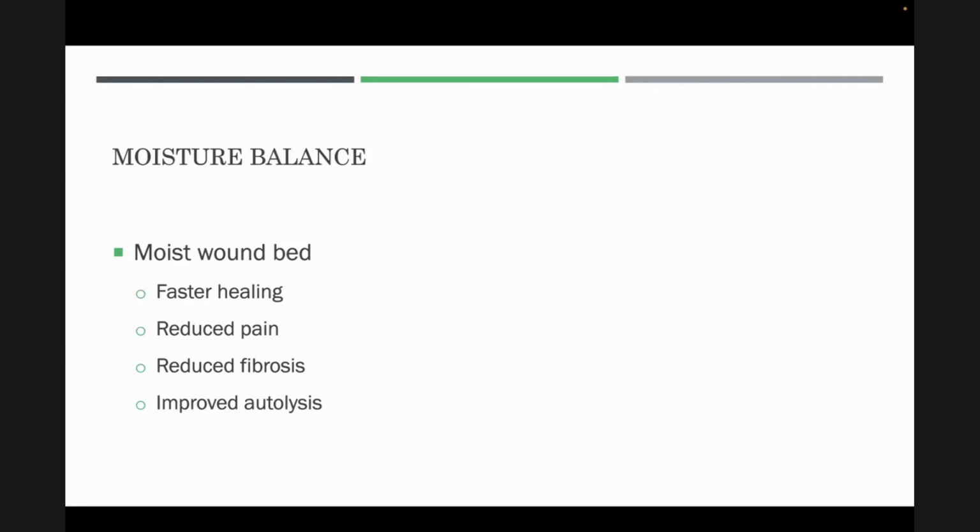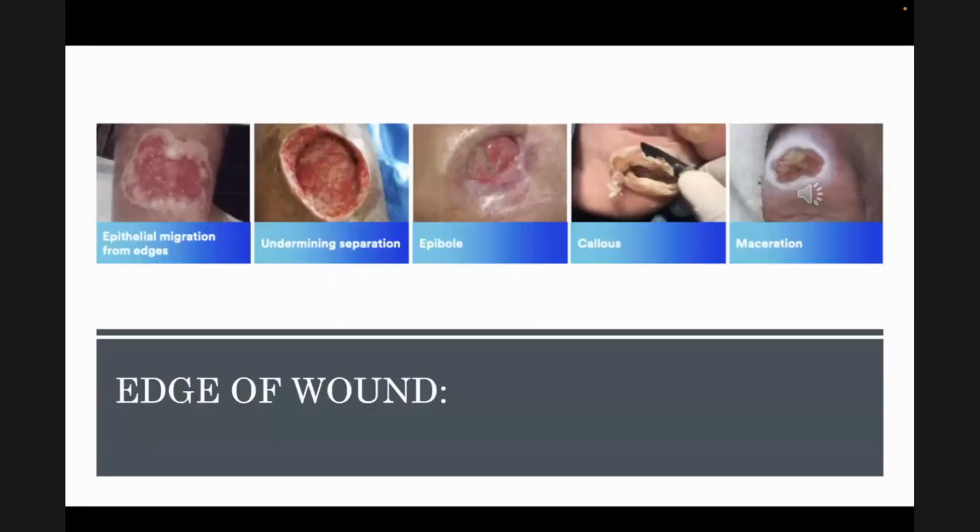It's going to help to reduce your patient's pain, and it helps to decrease the production of fibrotic tissue development. And of course, autolytic debridement, because we talked about a moist wound bed encourages your own body to break down fibrotic and necrotic tissue. Okay, so what do we want to do for a wound that has a macerated wound rim?